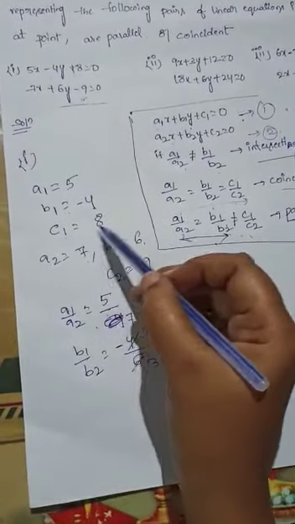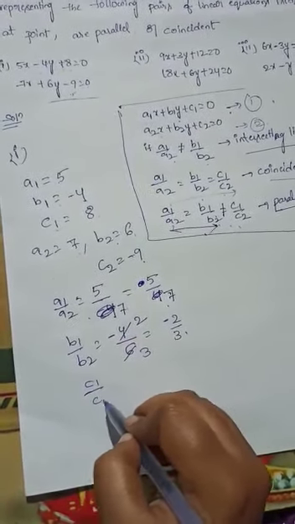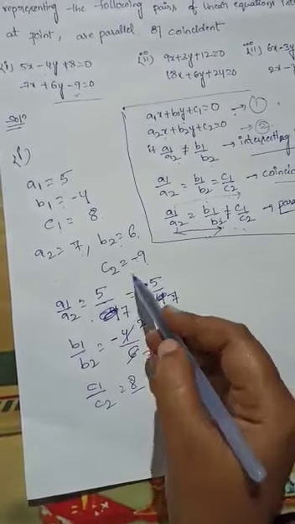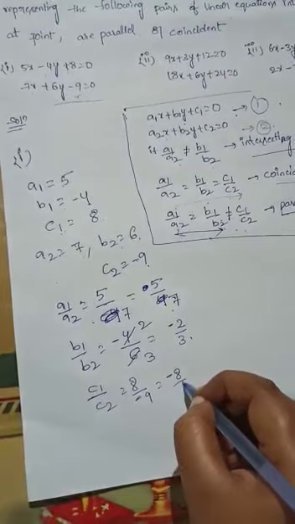Okay, c1 by c2: here c1 is 8 and c2 is minus 9, which is equal to minus 8 by 9.